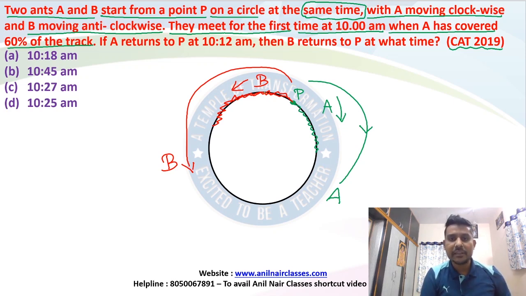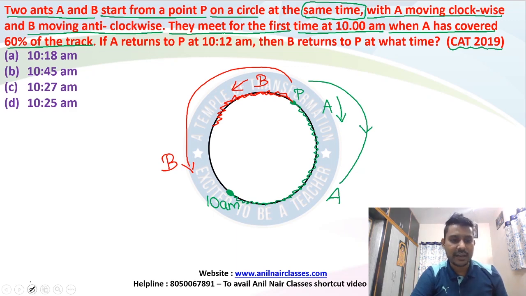So 60% means more than half. That means somewhere after more than half of the track is completed, they both will meet. So this is the point of 10 a.m., and A will keep on moving like this. It will keep on moving like this, and this is the meeting point, right?